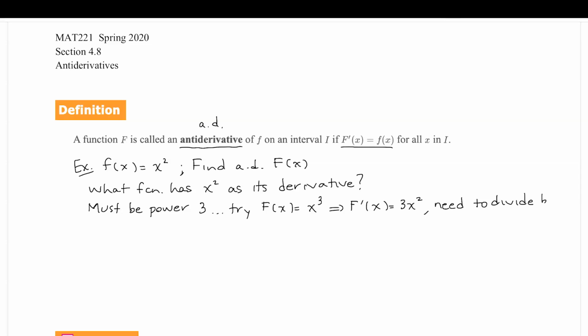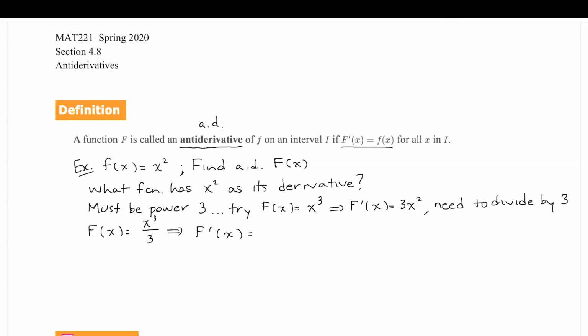And that's not quite it. I have to divide out the 3. So if I use x cubed as my antiderivative, it doesn't quite work, because when I take the derivative of that, I get 3x squared, and I'm supposed to just get x squared. So if I divide by 3, then my cap F is x cubed over 3.